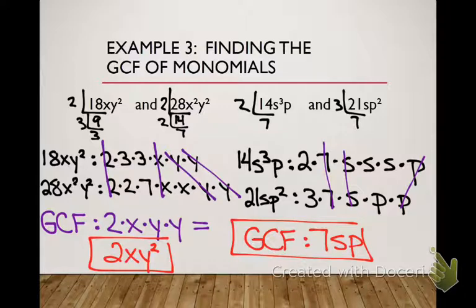When you don't have any factors repeating, I don't mind if you just write 7sp, but you just need to be careful. So you might not get a deduction for not showing this step, but it is a really good idea, especially when you have repeated factors. Does that make sense? Okay, so if you understand that, that's everything you need to know for this section 4.2.